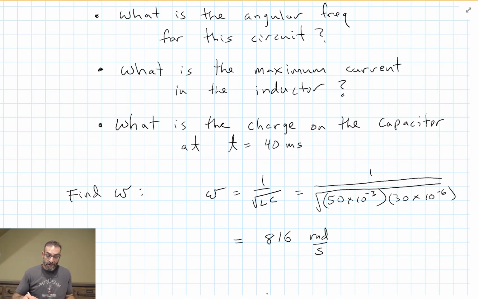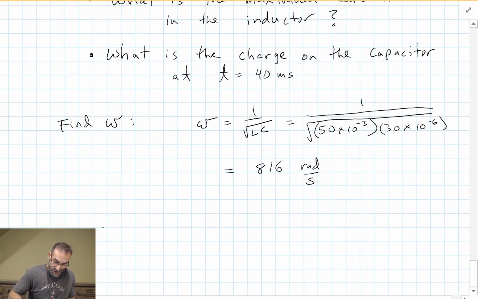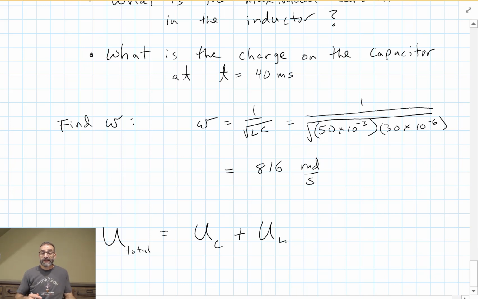Now let's find the maximum current in the inductor. This is just like finding the maximum speed of a mass moving back and forth on a spring if you knew how much the spring was compressed. It's an energy conservation problem. All the energy initially is in the capacitor. So the total energy of the system is a combination of what's stored in the capacitor and the energy stored in the inductor.